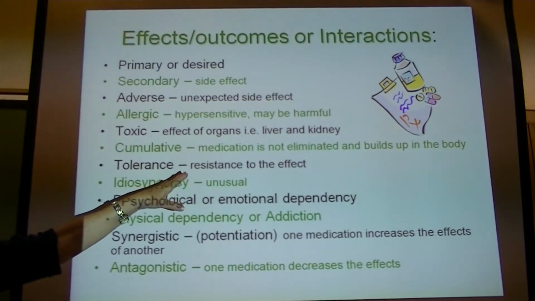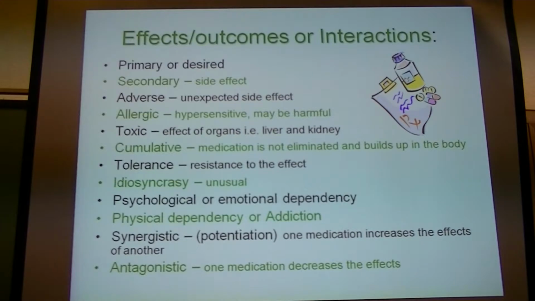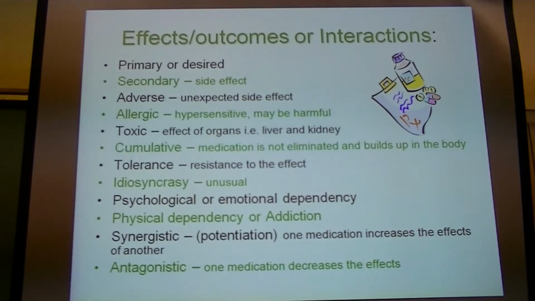And they're going to look drunk, because toxicity to the liver makes them look like they're drunk. They're staggering, their words come out slurred. So we have to think about toxic.